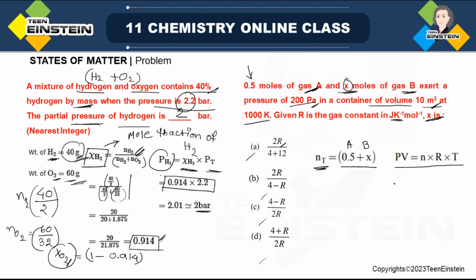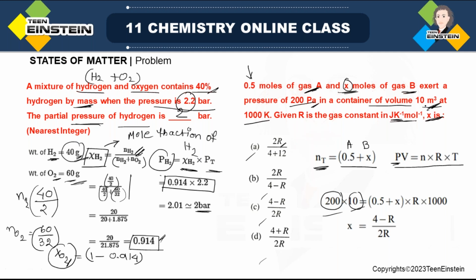This is the ideal gas equation. So now what we'll do is put the value of P, which is 200 Pascal, and the value of V in meter cube. R is a direct value, you don't have to write it, but just be careful about the unit: it is joule per Kelvin per mole. Pressure and volume are in terms of Pascal and meter cube respectively.